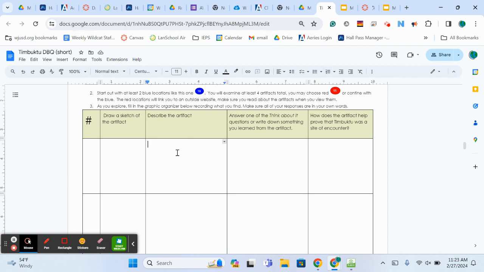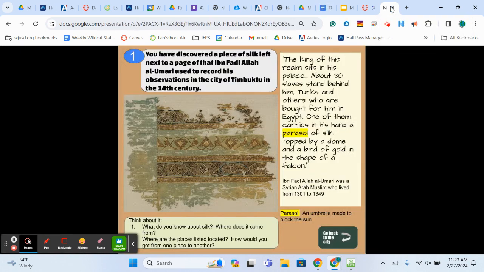So for this one, I see a piece of fabric made of silk with a design and some birds. So just explaining what it is that you see when you're looking at the artifact right here. Got some lovely little birds there.